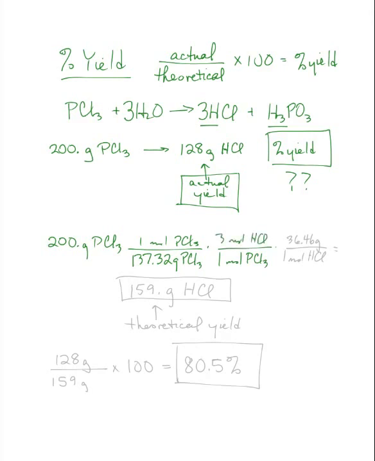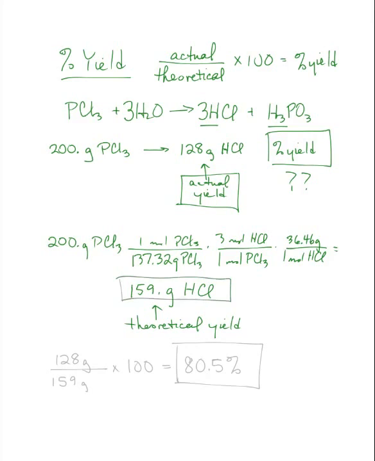And then we have to account for how much the HCl weighs, and that is 36.46 grams for every mole. And now we will go ahead and do our calculation, and we will get 159 grams of HCl. That's how much we expect. So this is now our theoretical yield based on calculations. So we think we should get 159 grams.